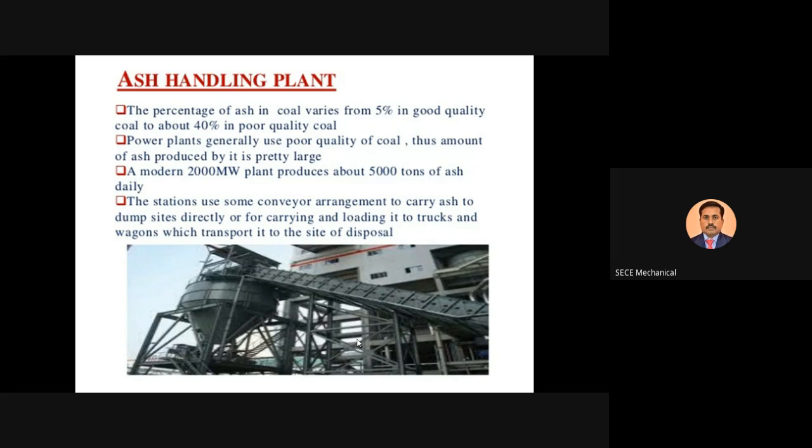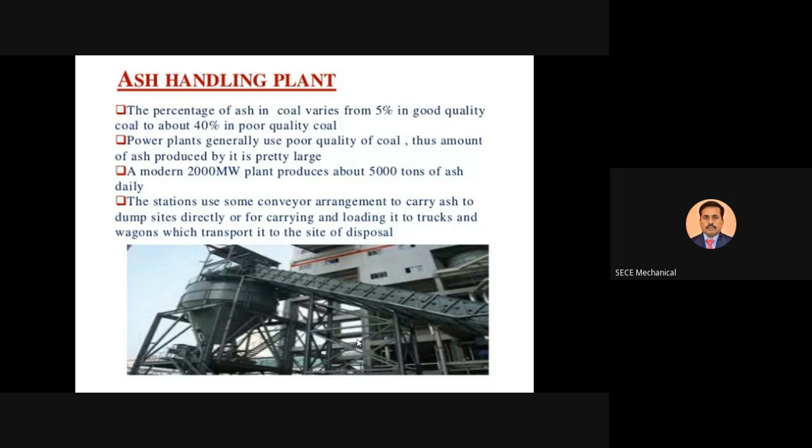The percentage of ash in coal normally varies from 5% to 40%. If it is a good coal, it will produce only 5% ash. If it is a poor quality coal, more ash is produced, that means 40% ash. So this is the normal nature.